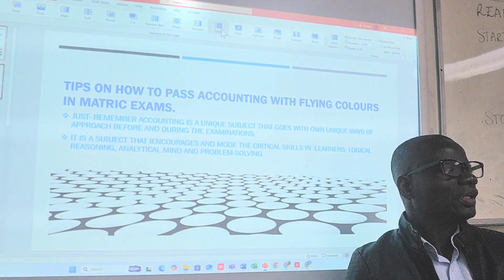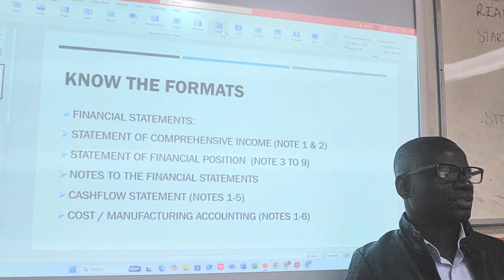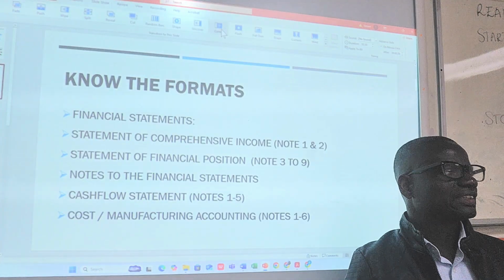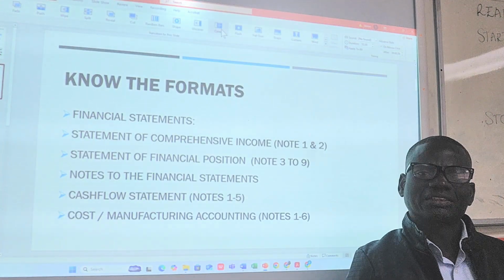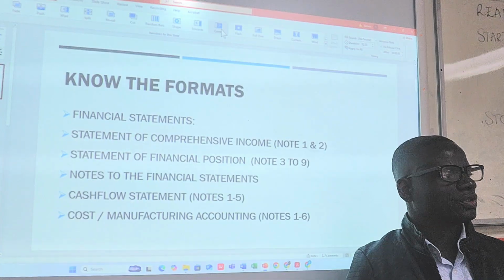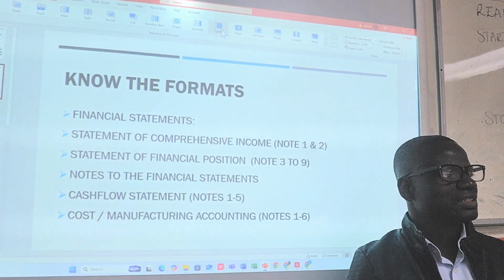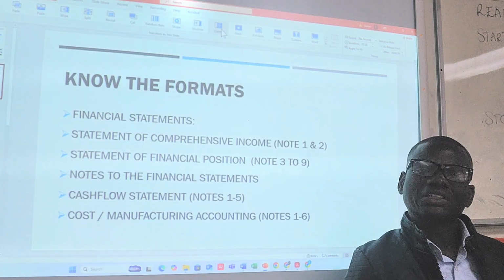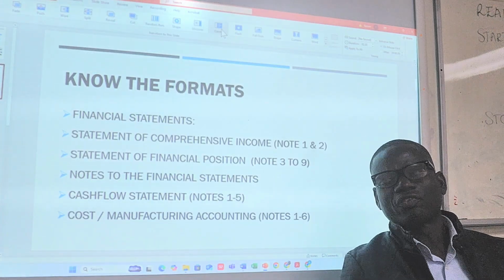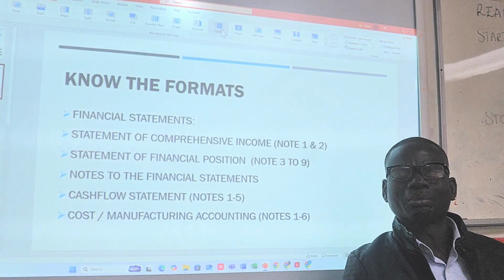Now, if you look at it nicely, we know that the format is very, very important. Financial statement format. We have the statement of comprehensive income, where we have two notes, note number 1 and note number 2.